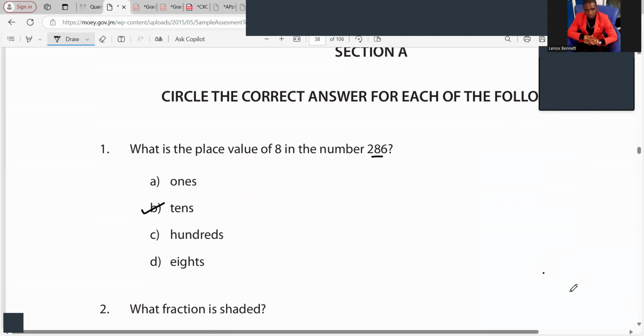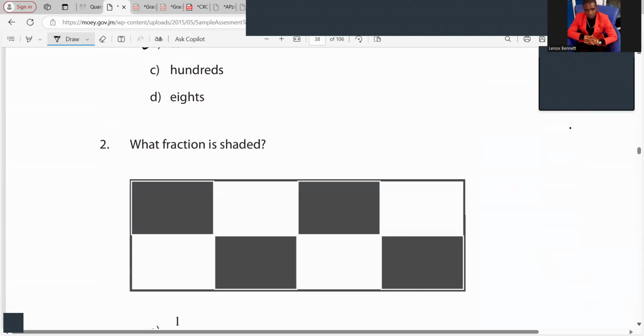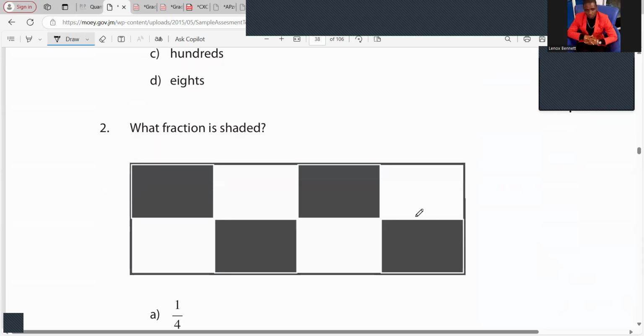Number 2 says, what fraction is shaded? For the shaded, we just count the shaded ones. 1, 2, 3, 4. That's our numerator. Our denominator would be the total: 1, 2, 3, 4, 5, 6, 7, 8.